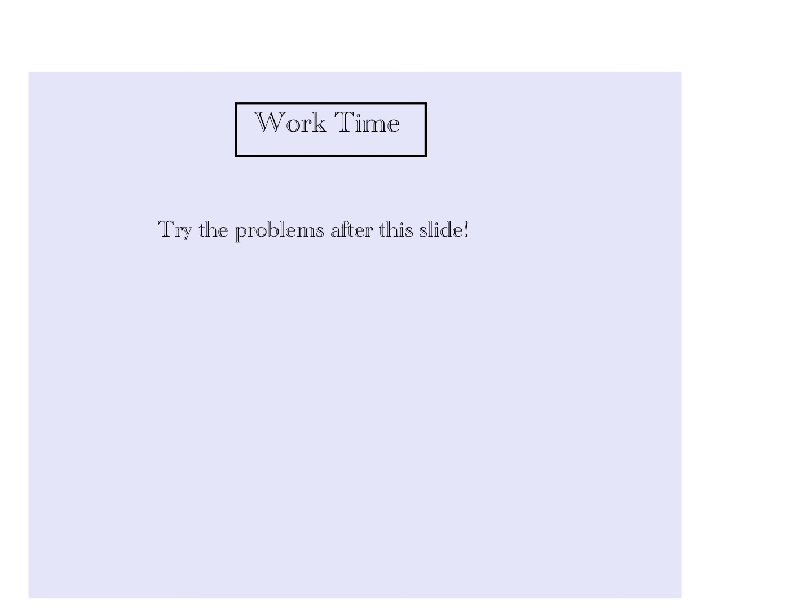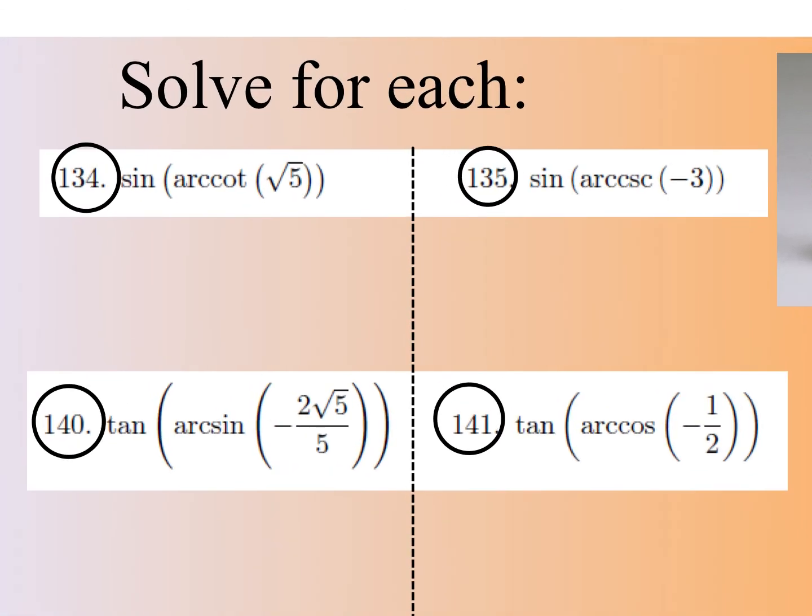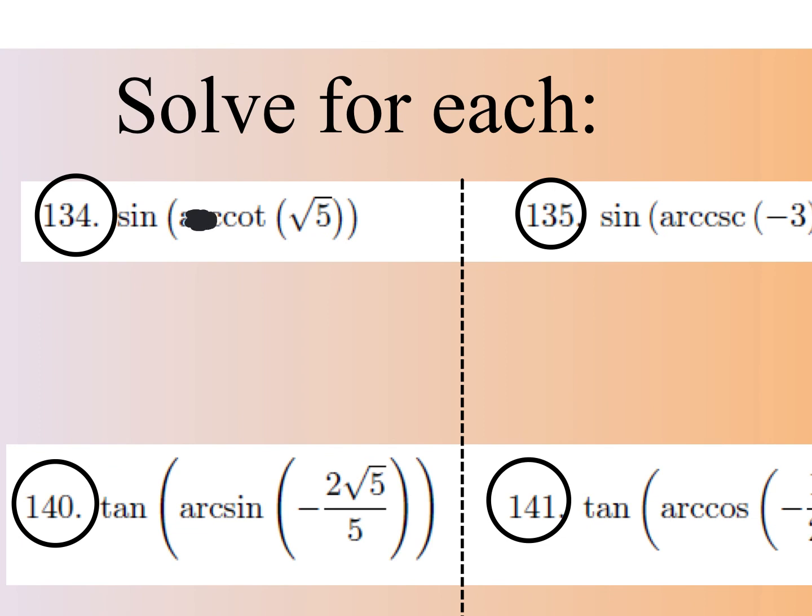Work time. Here's some problems. I don't expect they're going to be super simple. You shouldn't either. But some thoughts. Whenever you see arc, just make it a -1. Next, always give yourself two sides to work with. Next, I don't know if you always do this, but I always write this as cotangent of some angle is equal to √5/1.